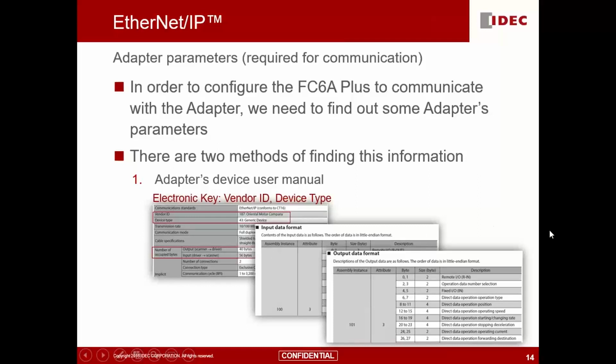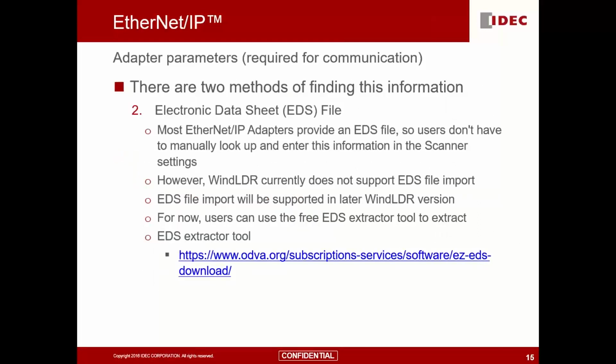Now, for the majority of us, we don't want to go through this process, right? So the second method is that all of the adapter devices have what they call an EDS file. Let me repeat that. All adapter devices have an EDS file.